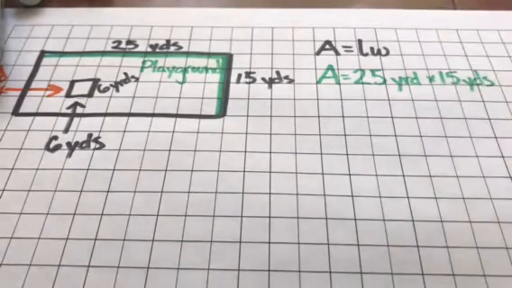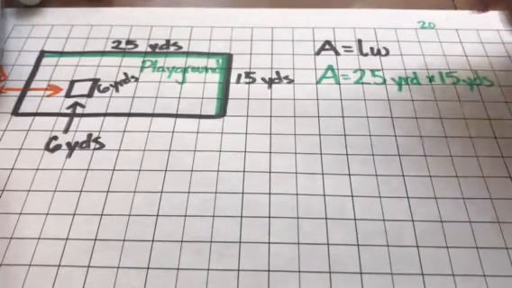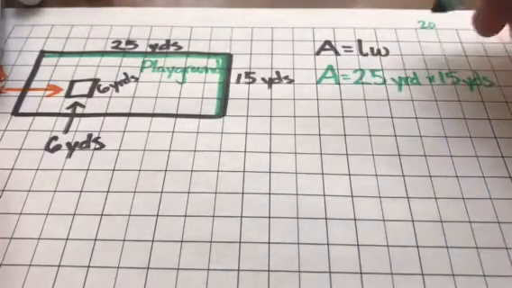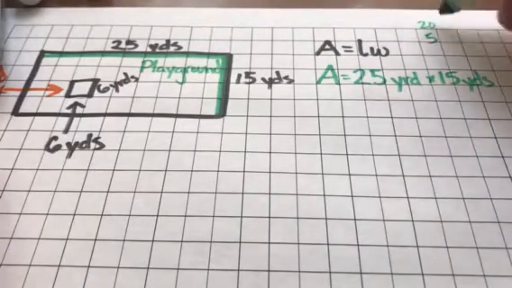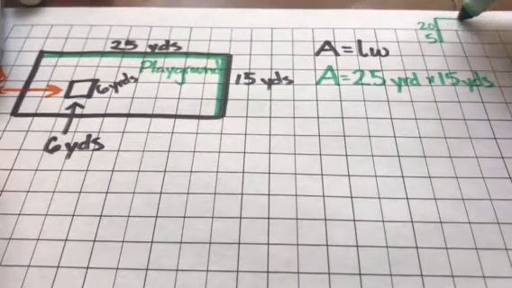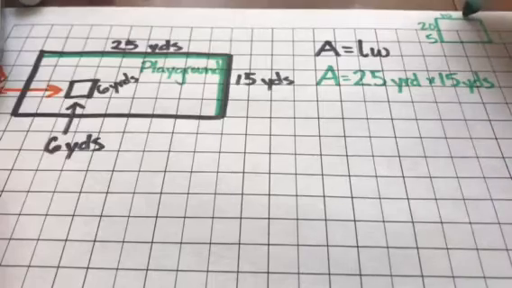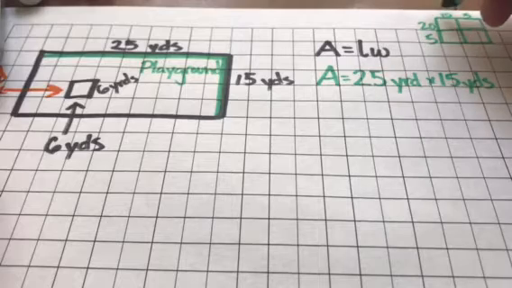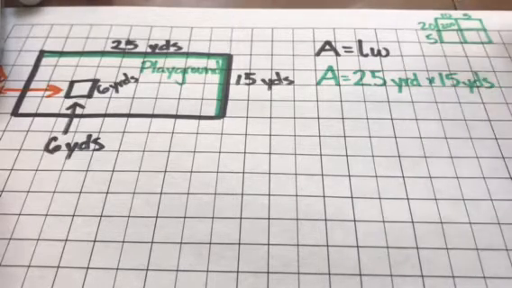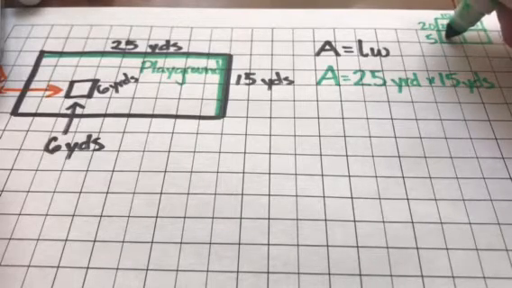So I'm going to draw this off to the side real quick. I can break up 25 into tens and ones, 20 and 5. I can break up the 15 also into tens, which is one group of 10, which is 10, and ones, which is 5 ones. And draw my lines. 20 times 10 is 2 times 1 and 2 zeros, 200. 20 times 5 is 100. 5 times 10 is 50.